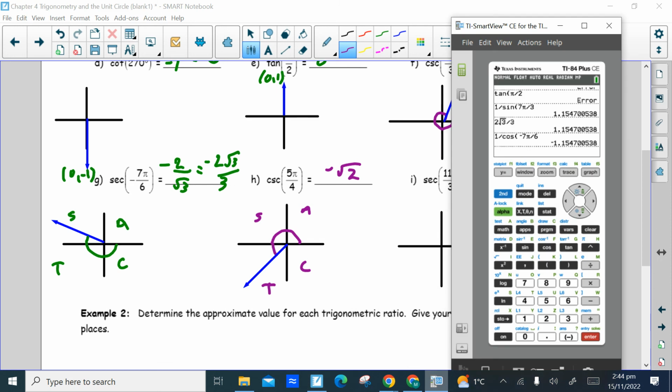We had it above there. So when we do the cosecant, which is 1 divided by the sine of 5 pi on 4, we get the negative decimal. Right? If you take negative root 2, same decimal.